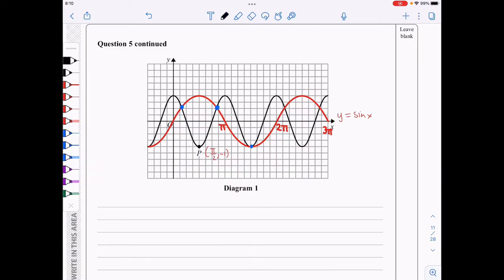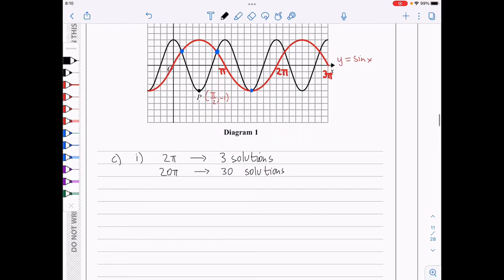So we can simply say that in a region that spans 2 pi, we've got 3 solutions. So from 0 to 20 pi, that's going to be 10 times that, so it's going to be 30 solutions.